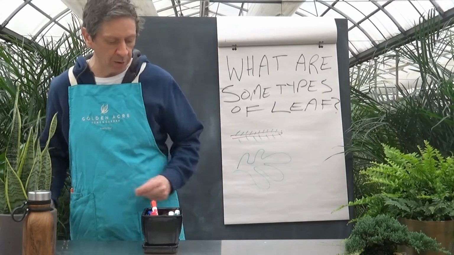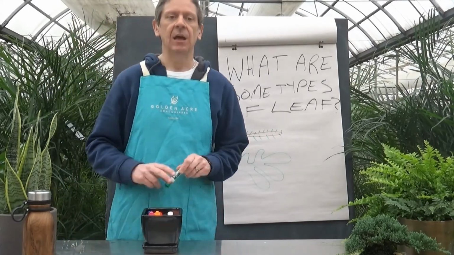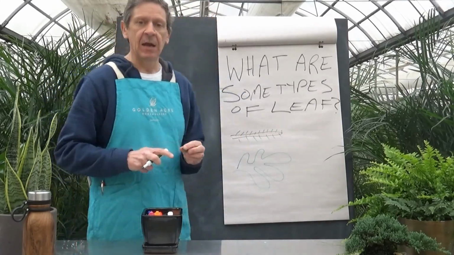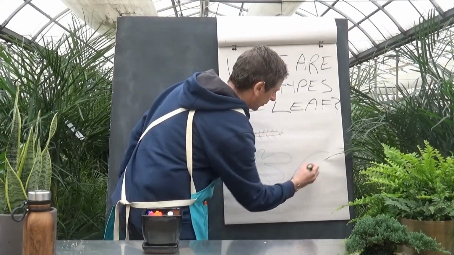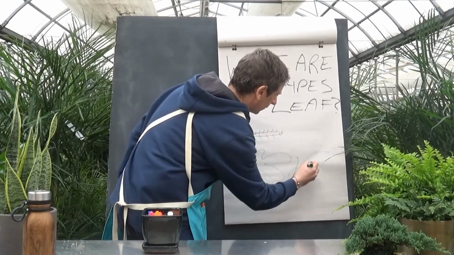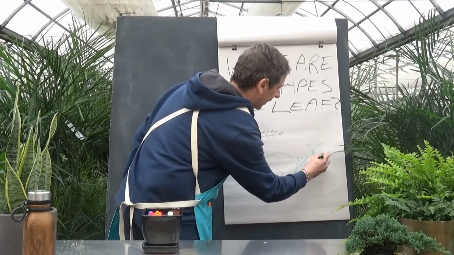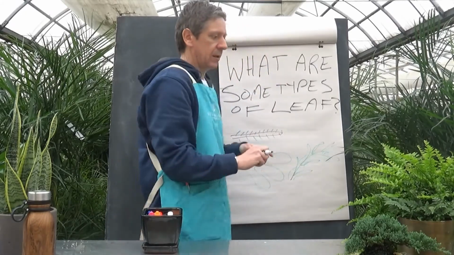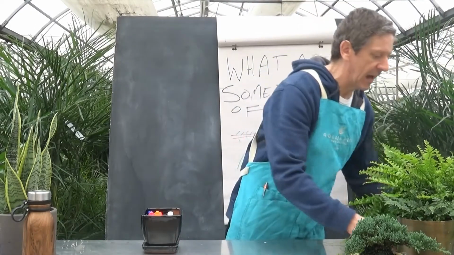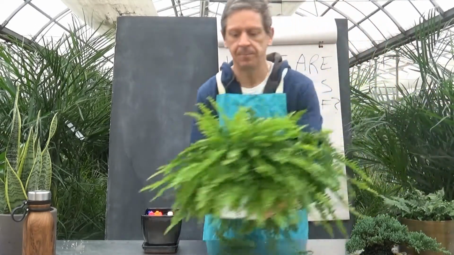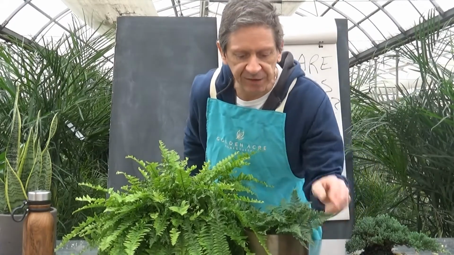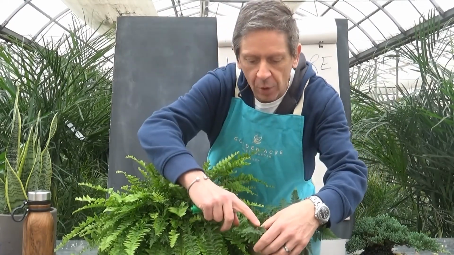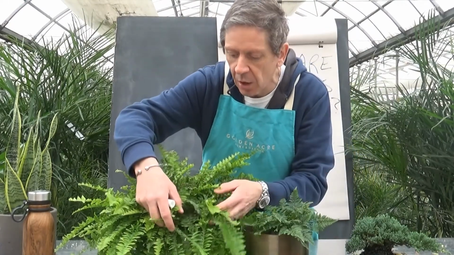Another common one that we see is called a frond. Now they're primarily on ferns, and a frond comes up like this. And a good example of that, I'm going to bring out two ferns. And you can see each one of these is a frond, and those are the leaves on them.